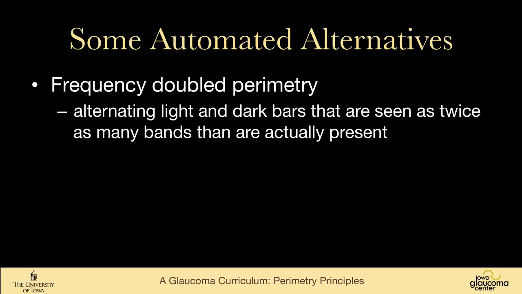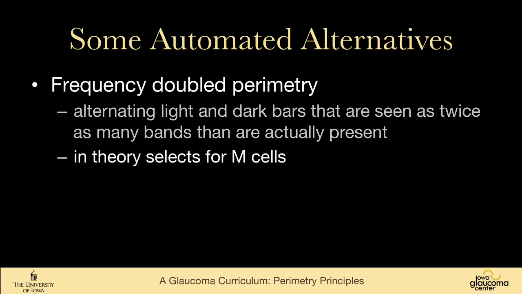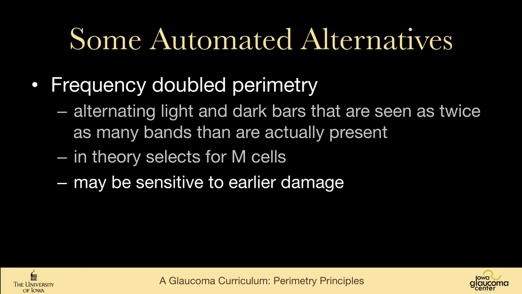Frequency doubling perimetry presents alternating light and dark bars that alternate in a way that makes it seem that there are twice as many bands than are actually present. In theory, it selects for the M cells and may be sensitive to earlier damage.